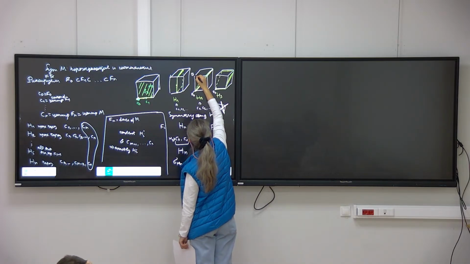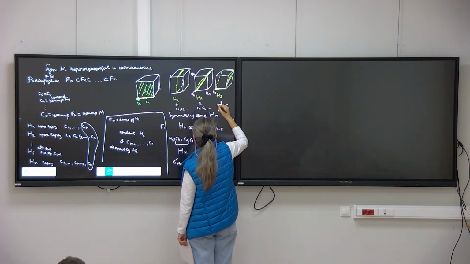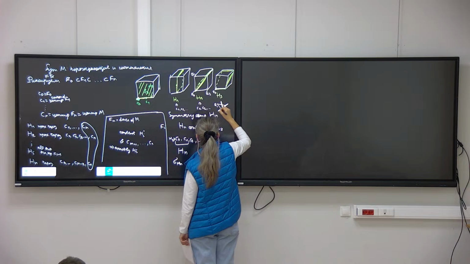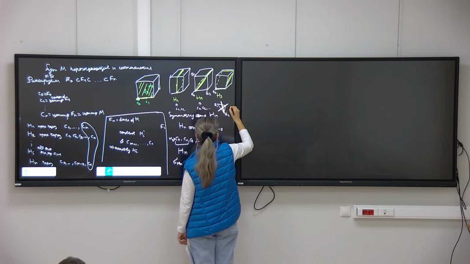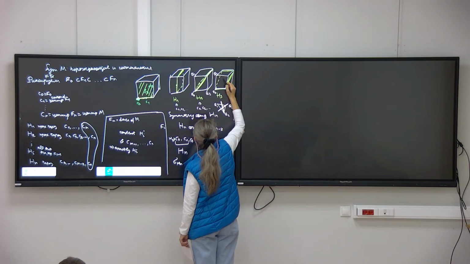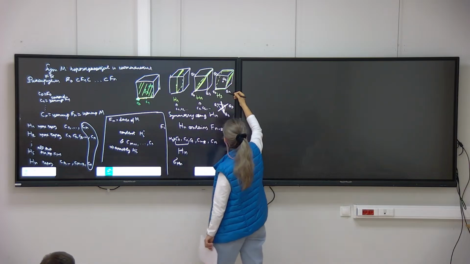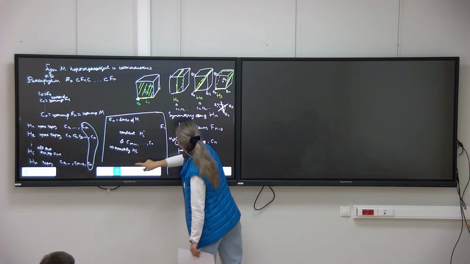If these are Q1, Q2, and Q3, here Q2 should be preserved.